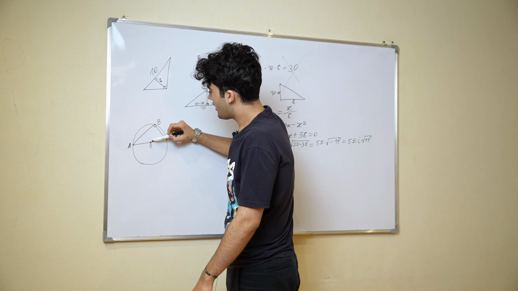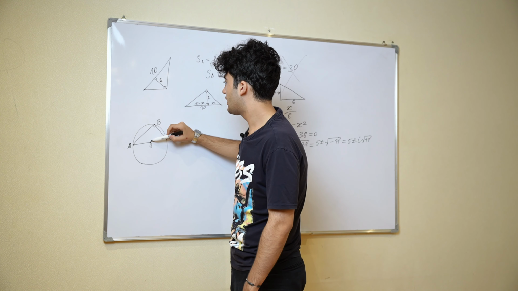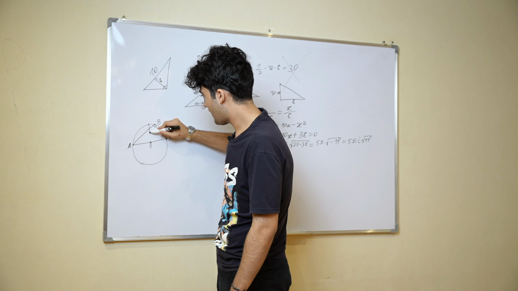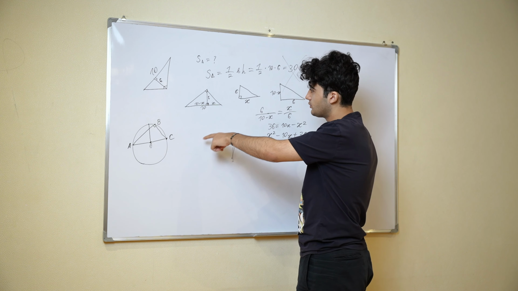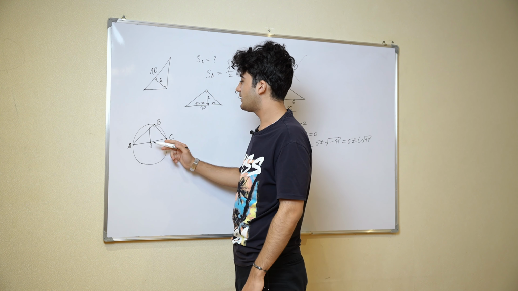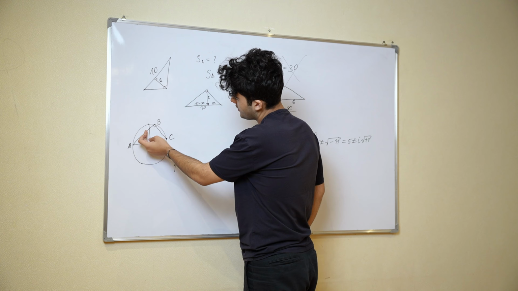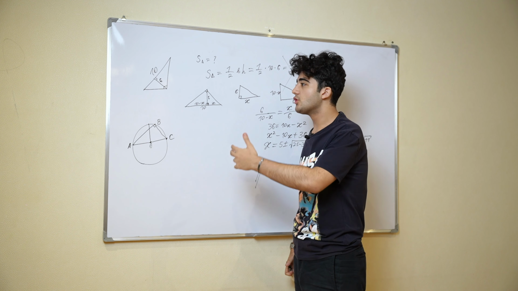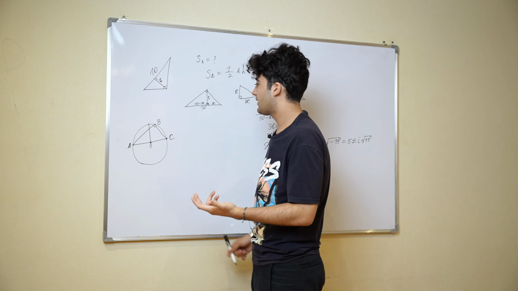Then you can just construct a perpendicular bisector over here, which we are going to do, because we're going to need this to prove this one. Then it's going to give you two similar triangles, this one and this one as a whole, and the ratio of those similar triangles will be 1 to 2, 1/2.